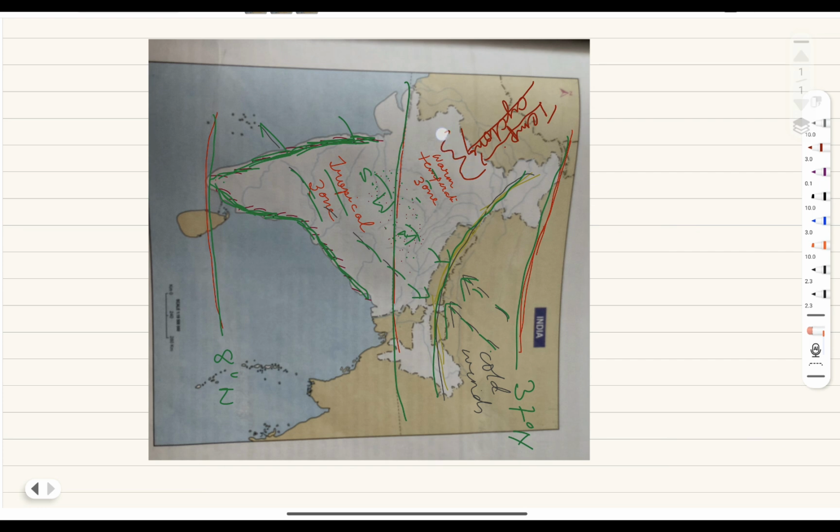And in the month of October, November, we have tropical cyclones which affect the Coromandel coast of India. And this is the Coromandel coast of India. And this tropical cyclone is of course very destructive in nature. And the other factors are upper air currents or jet streams and El Nino current.